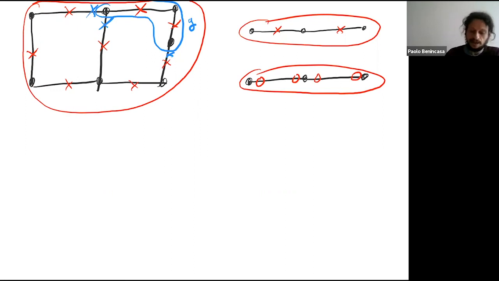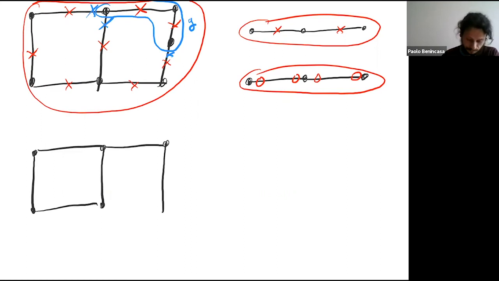Okay, now let's look at what I drew there, but in this positive language. So rather than marking the vertices which are not there, marking the vertices which are there. Again, from this blob I have this guy, this guy, this guy, and this guy.